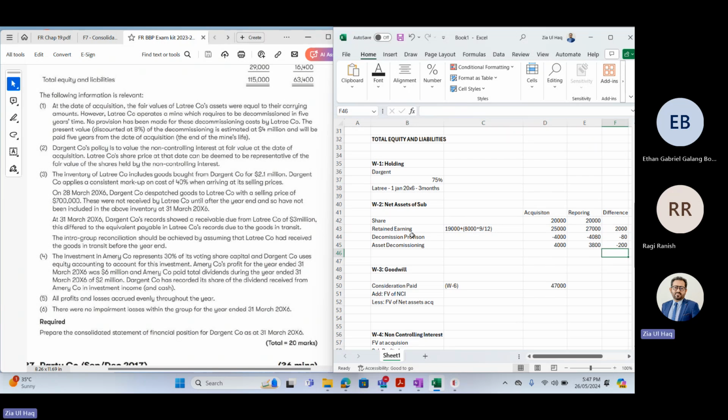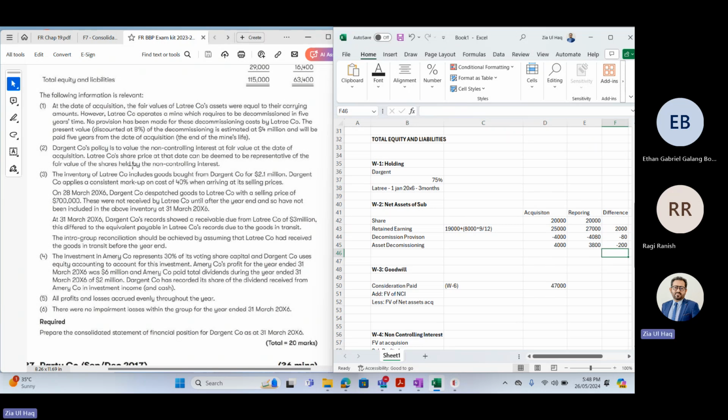Is that clear? Can we move forward? So this first adjustment is done. We have recorded all the effects in consolidated net assets, in consolidated assets, in consolidated liabilities. Shall we move forward? Yeah. Okay.